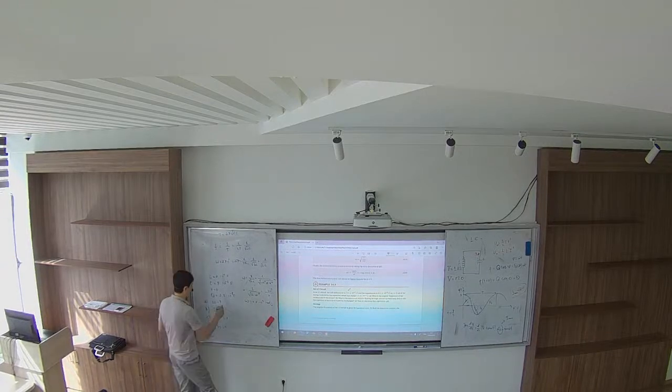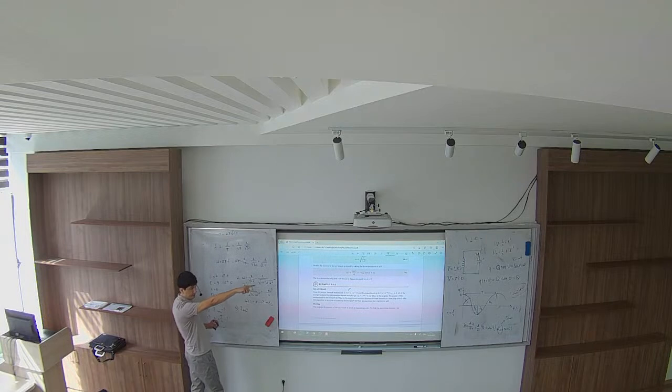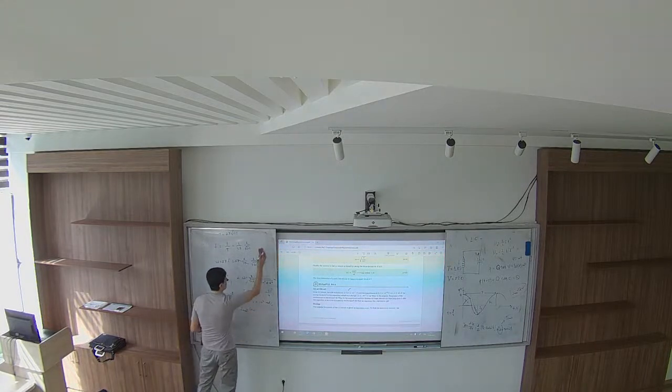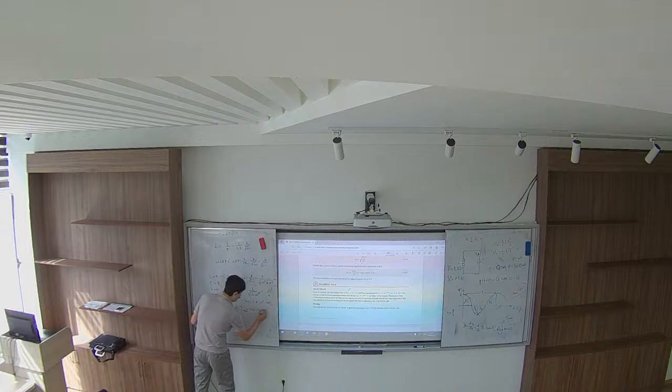So that is A. Question B: what was I max? I max is Q times omega. What's Q here? 1.2 times 10 to the minus 5 times 2.5 times 10 to the 3.